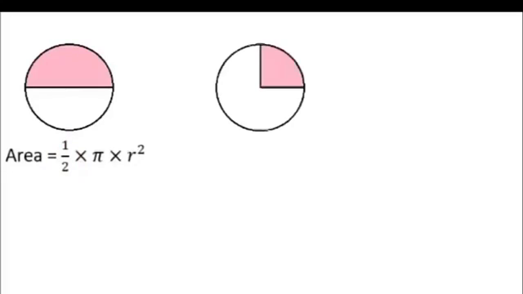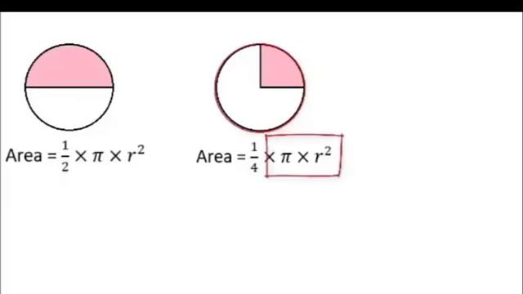Now look at this circle, which is divided into 4 equal parts. The area of this colored part would be 1/4 multiplied with pi r squared. Pi r squared is the area of the circle. While 1/4 is the area of the colored part.